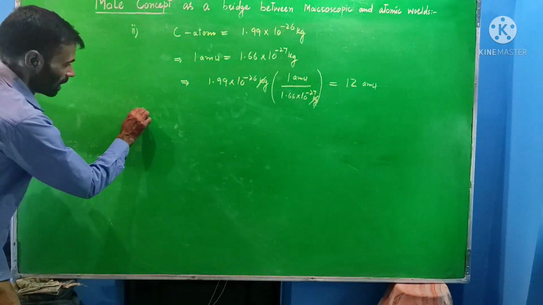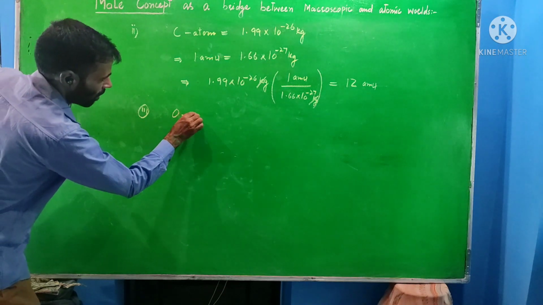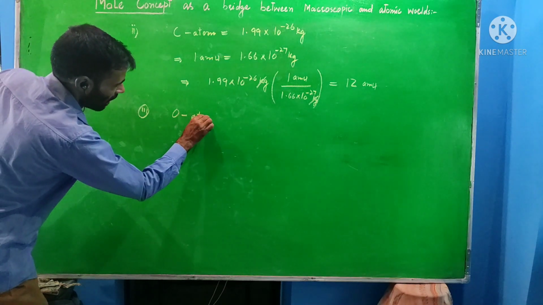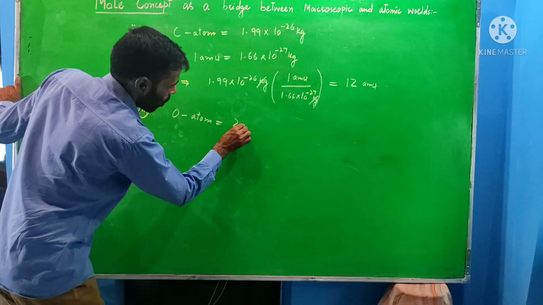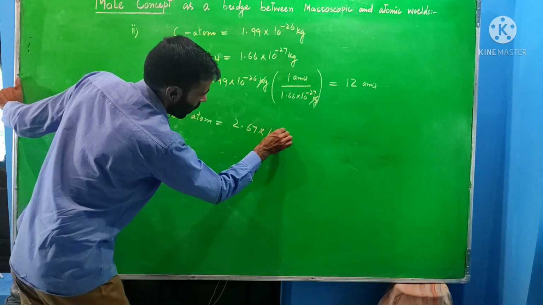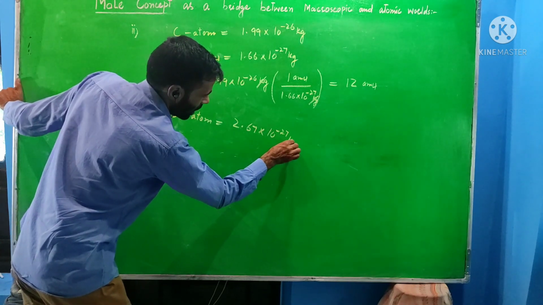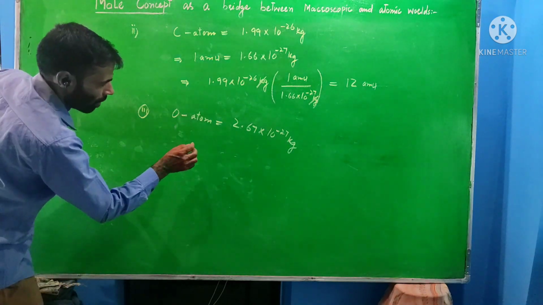So this is the atomic mass of carbon, meaning the mass of one atom of carbon. Similarly, I will take this example. If one oxygen atom has a mass equal to 2.67 into 10 raised to power minus 26 kg, then what is the mass of the oxygen atom in AMU?